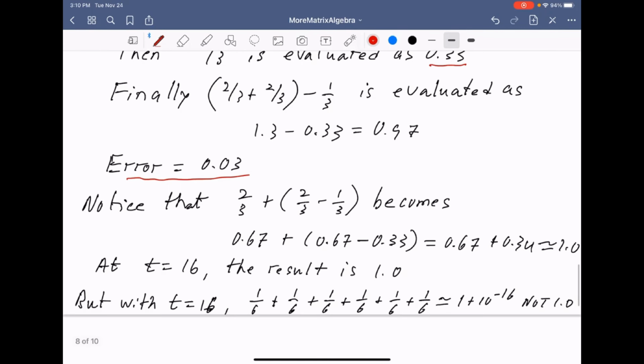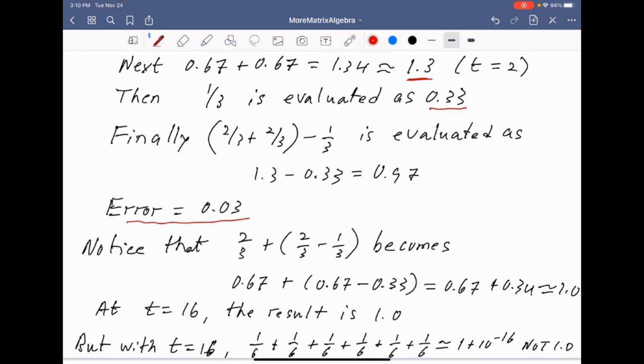Notice that if we begin by taking 2/3 and subtracting 1/3, and then separating this part out, we get 0.67 minus 0.33, which gives us 0.34, which is approximately 1.0 when added to 0.67.